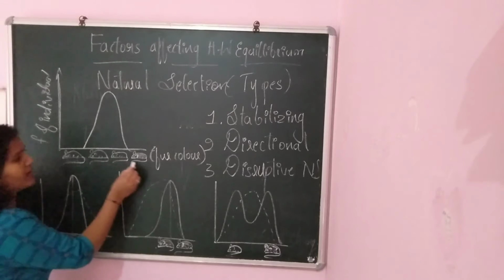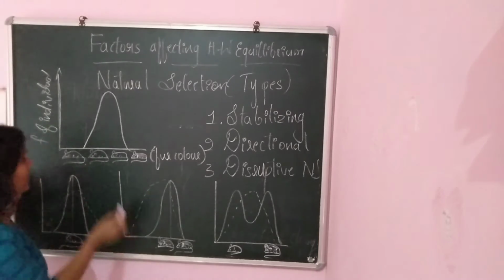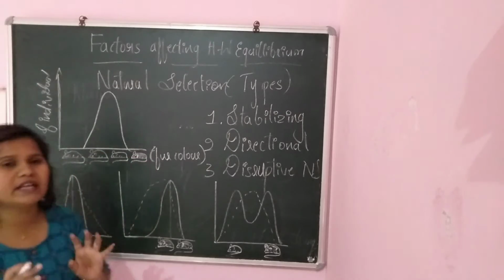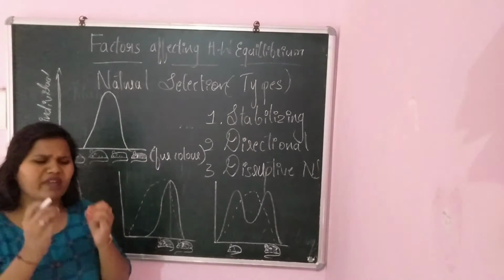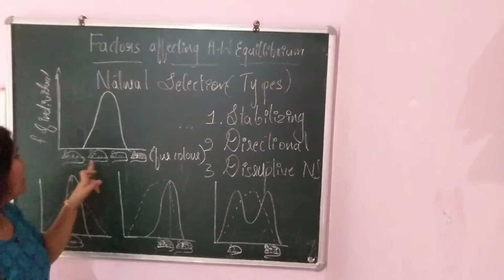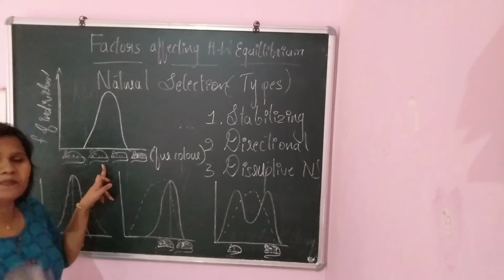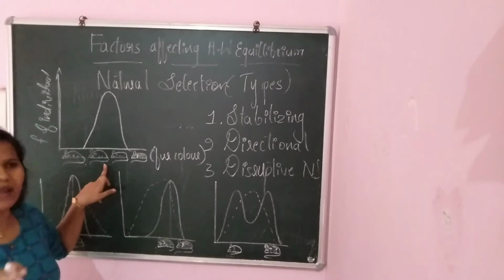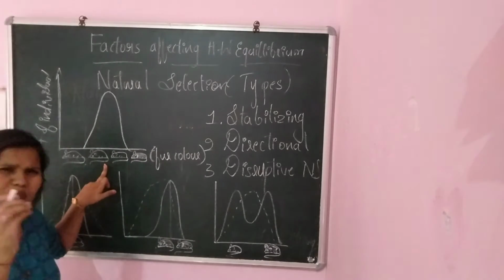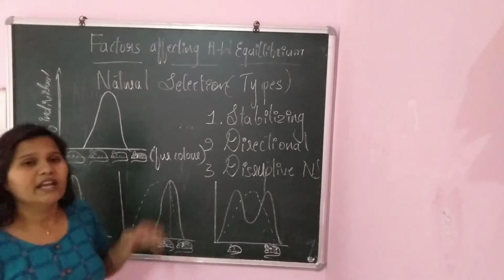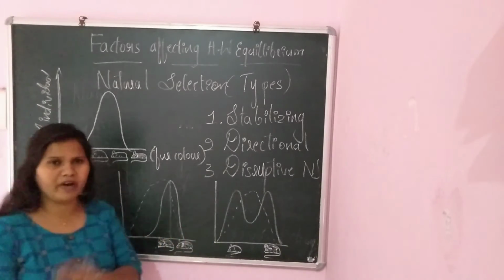Here are many rats. The first rat has a very light or creamy fur color. The middle fur is a moderate color, like chocolatey, light brown. And this rat is dark in its fur.